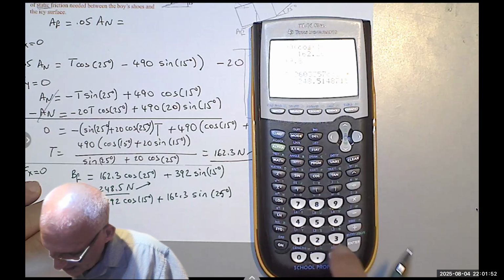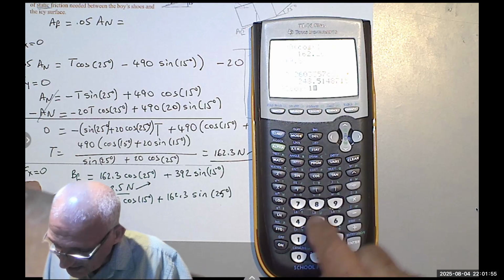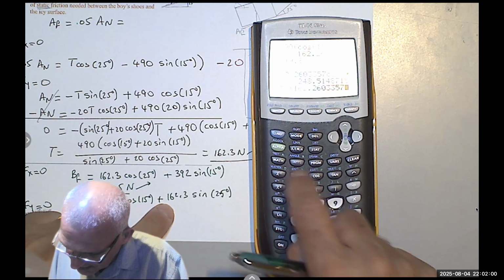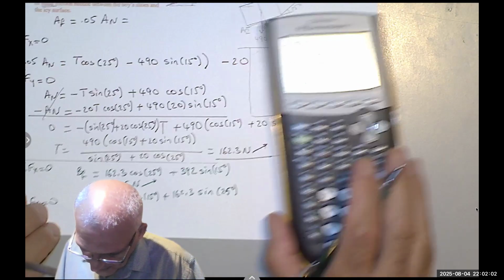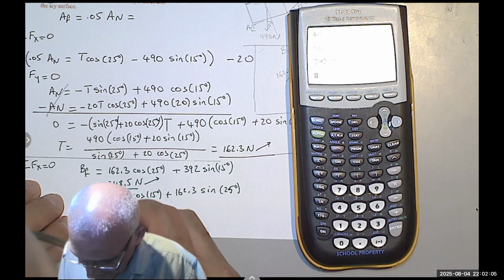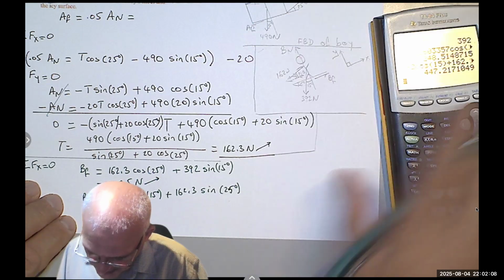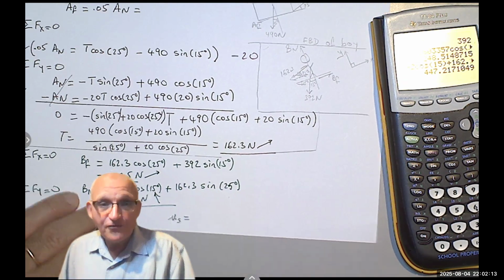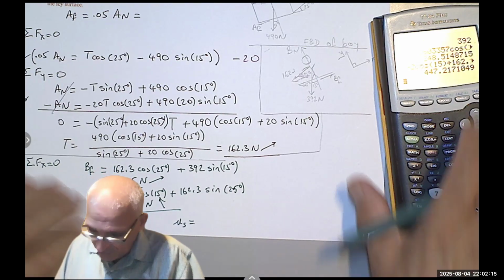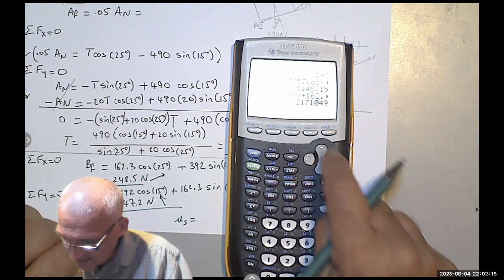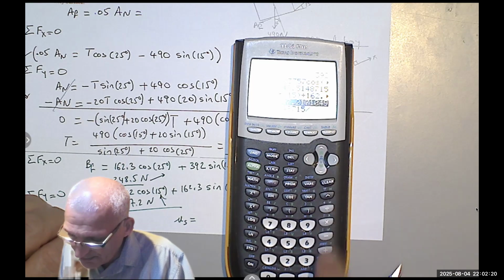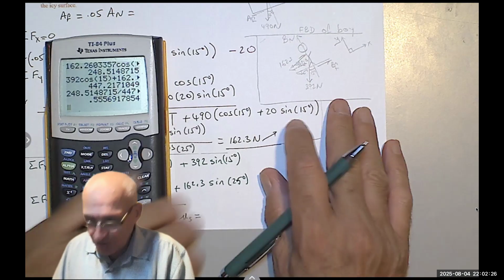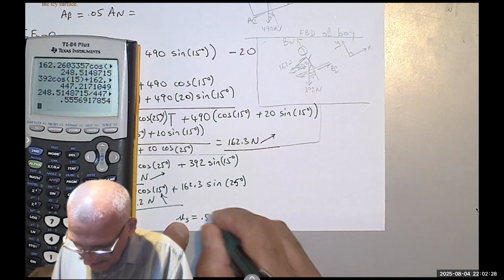And again, 392 cosine 15 plus the 162.26 sine 25 equals 447.2 Newton, and it's going up like that. Finally, the coefficient of static friction for the shoe would be this over that, this number divided by that number. Wow, 0.555, meaning 0.56.